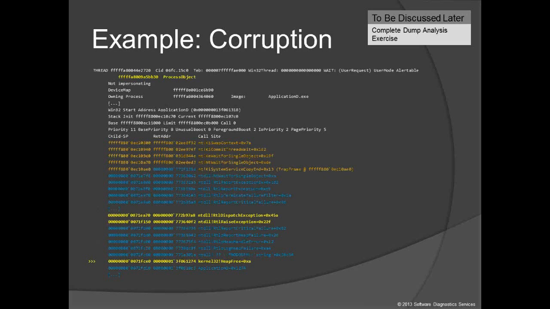And another example is heap corruption in user space that triggered exception processing, and you see also this thread is waiting for a process object. That is probably Windows Error Reporting. We will try to check that during the exercise.